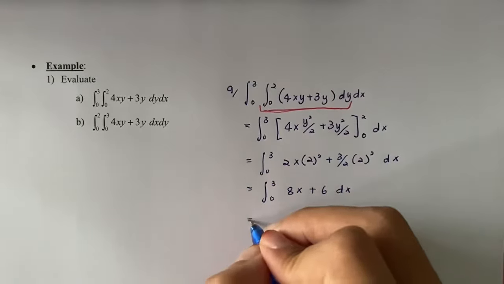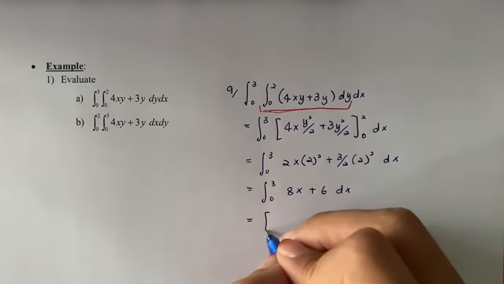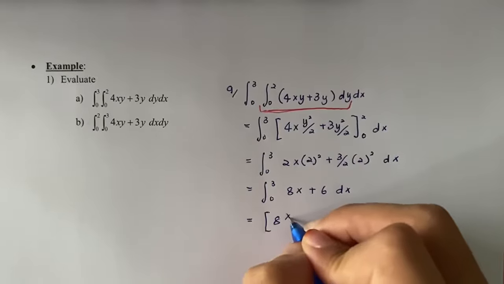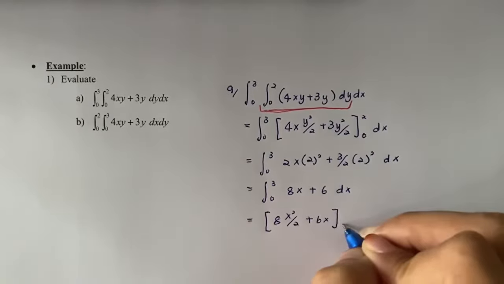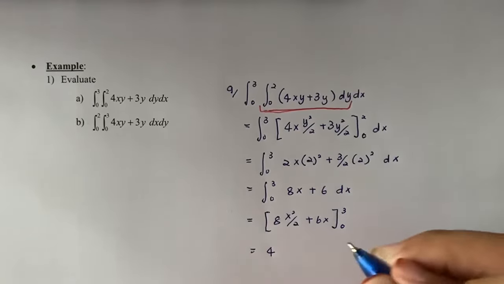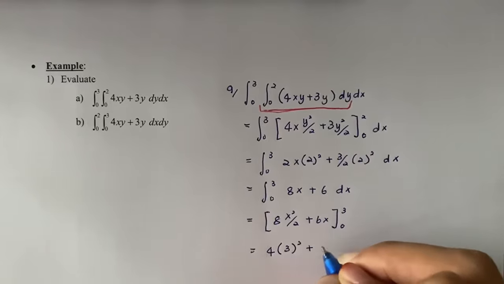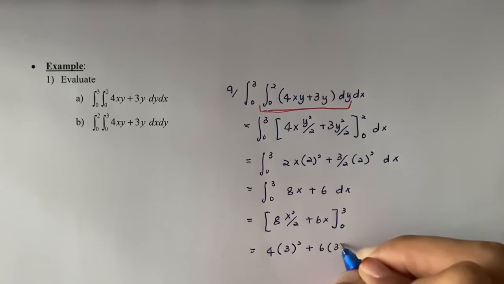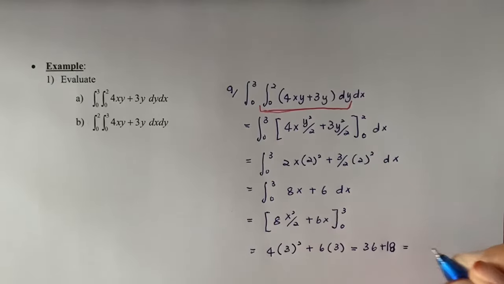Then solve for dx, integration of x: 8x squared over 2 plus 6x. The limit is from 0 to 3, and this is 4. Substitute the value of x, which is 3 squared, plus 6 multiplied by 3, and this is equal to 36 plus 18. 36 plus 18 is equal to 54.